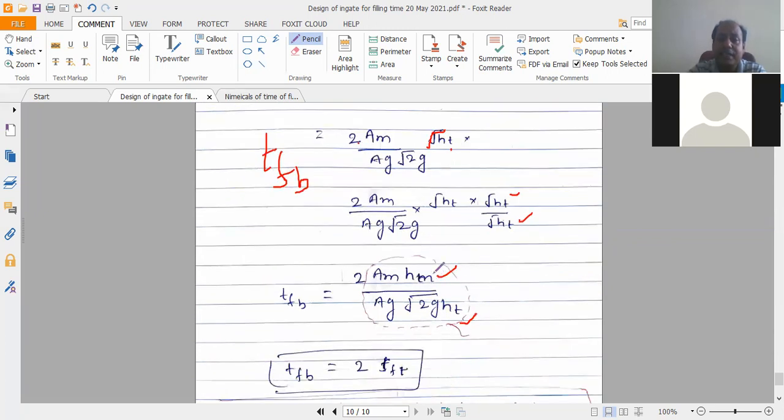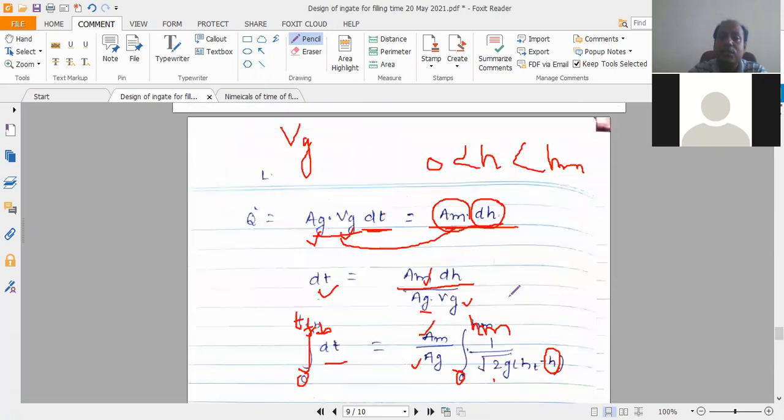So if ht is now converted into hm, because ht, the total height, is equal to the height of the mold, then we can see that 2 times Am into hm divided by Ag into root under 2g ht, and you can see that this is equal to the time of filling when the top gate will be there. This one is the time of filling of the top gate.